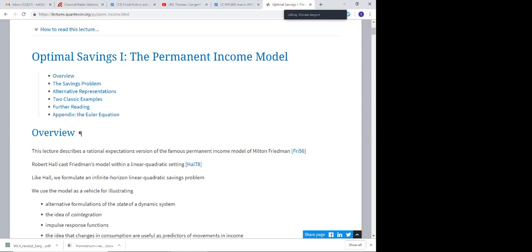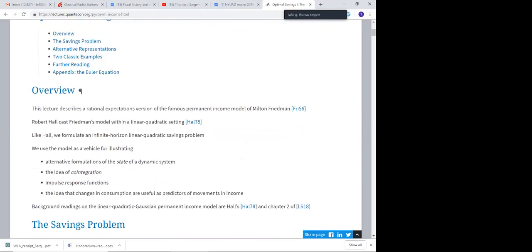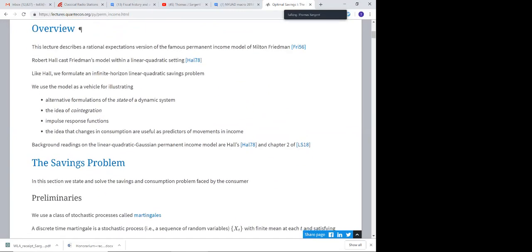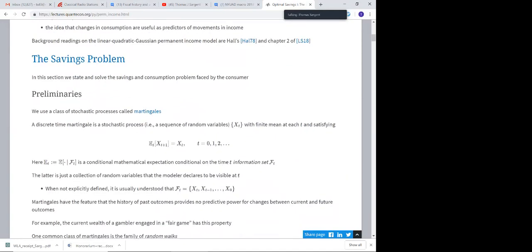That's where I'm coming from. So, as I told you, we're going to have a rational expectations version of the Milton Friedman model. And we're going to use this to do various things. So, as a preliminary, there's a little section here on what a martingale is.